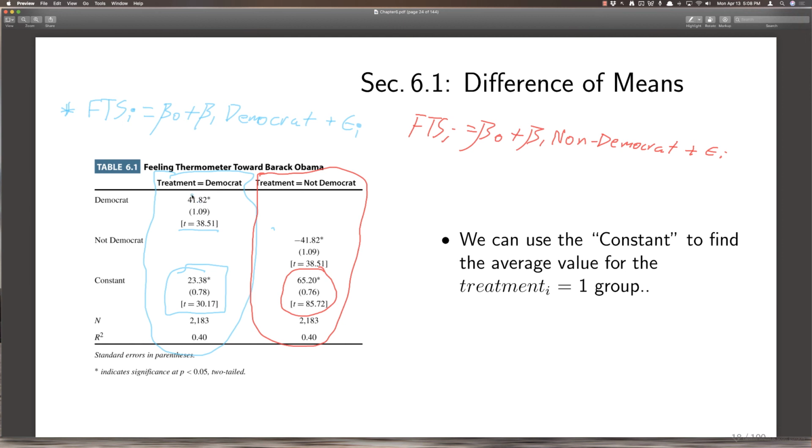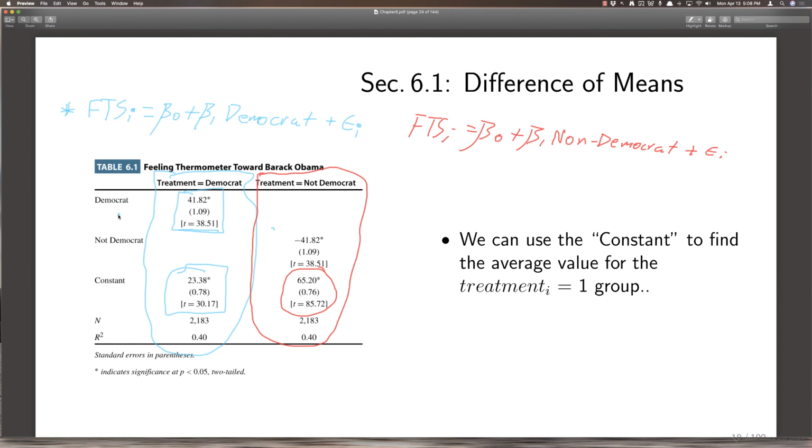What is beta 1 hat? It's the difference between the average feeling thermometer score for the 2 groups. So now we can interpret that. On average, in our data set, Democrats had a 41-point higher feeling thermometer score for Obama than did non-Democrats. So beta 1 hat is the difference between the group that got a 0, non-Democrats, and the group that got a 1, Democrats.